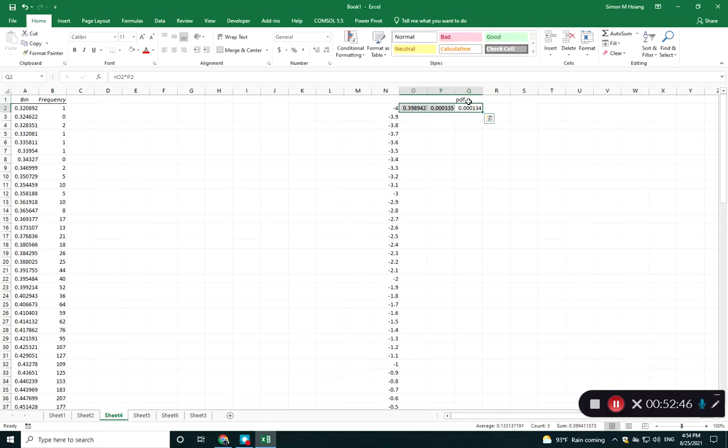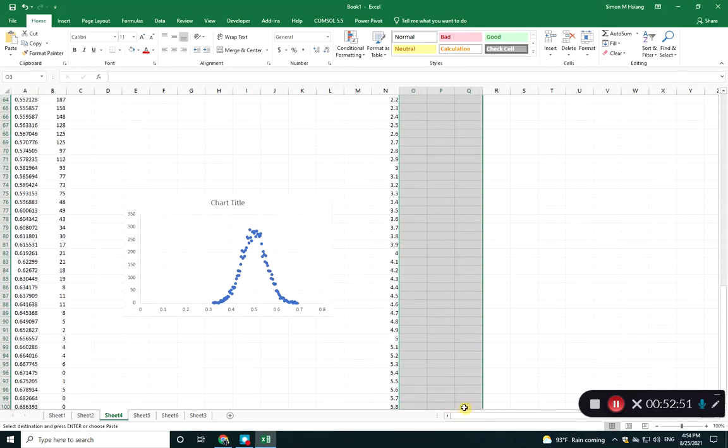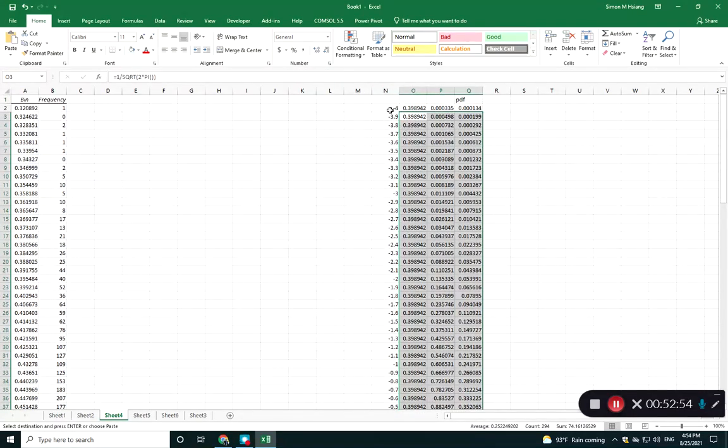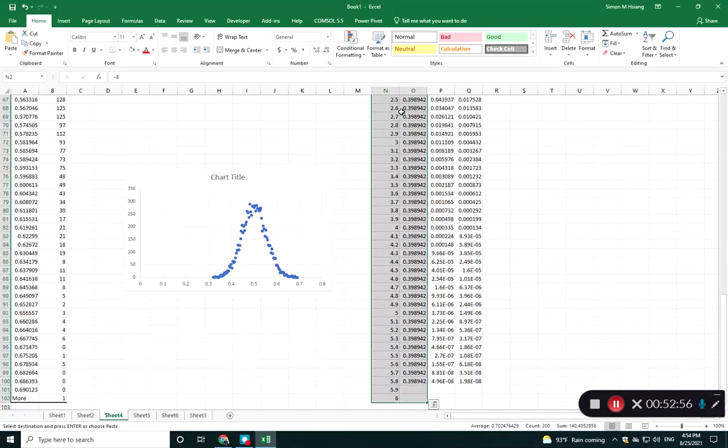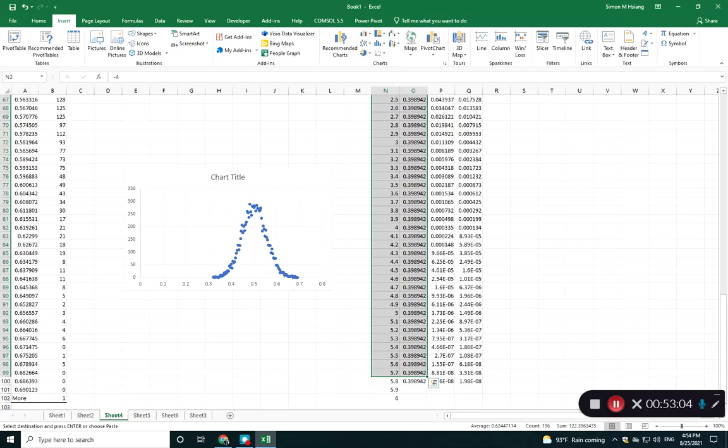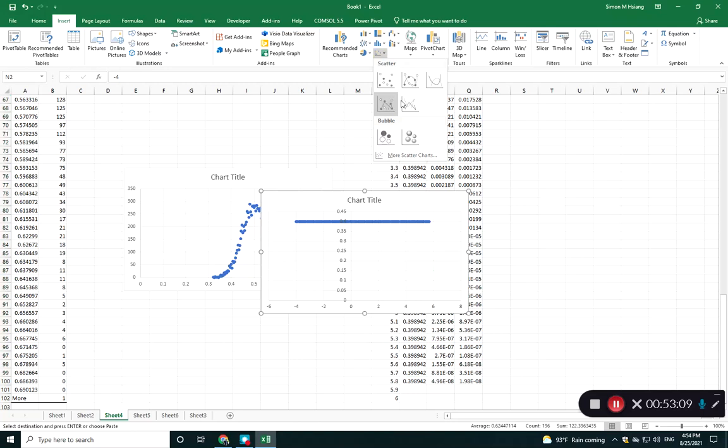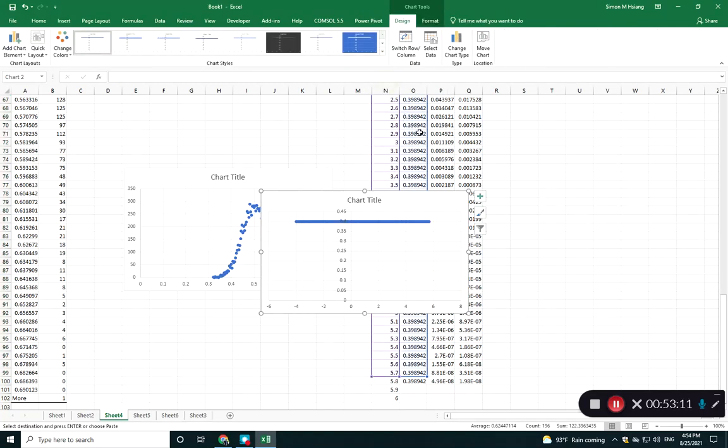So if you do this and you plot it mathematically, insert, this guy is fine. If you move here, this is what the theoretical normal distribution should look like.